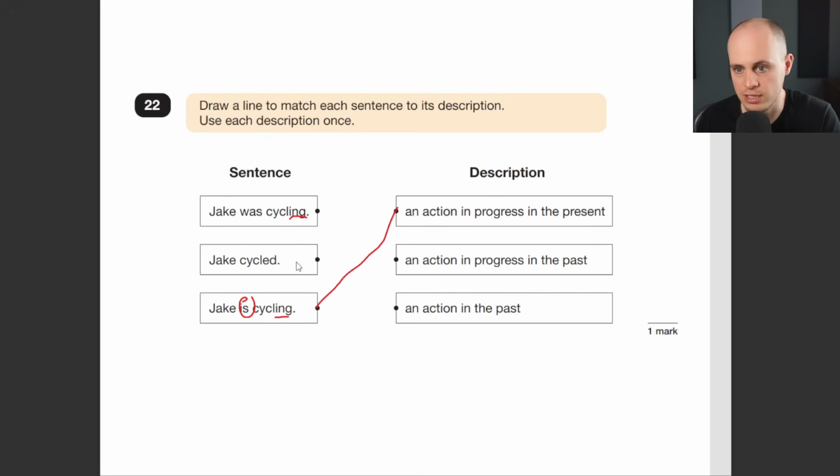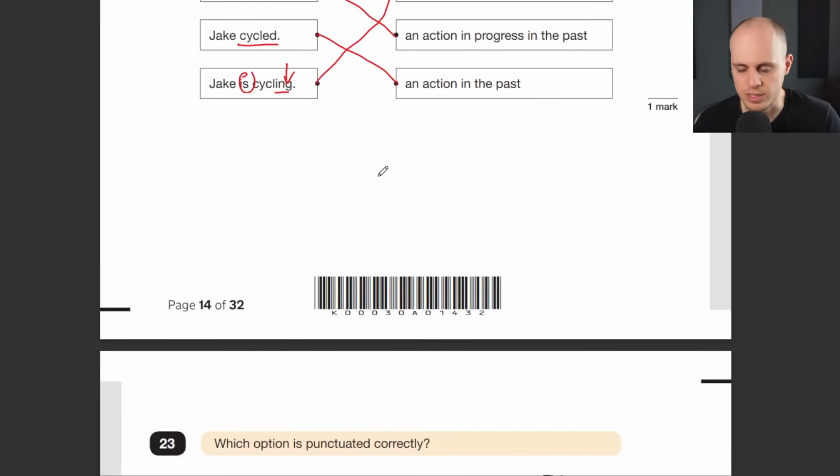Jake was cycling, Jake cycled. They're both in the past tense, but one makes the verb sound like it's in progression because it ends in ing. That makes it the progressive version of that tense. And one just uses the simplest version of that verb form, cycled. So this is just an action in the past, whereas this one is an action in progress in the past. Very weird way of saying it's the past progressive tense. Ugh, don't get me started on that.